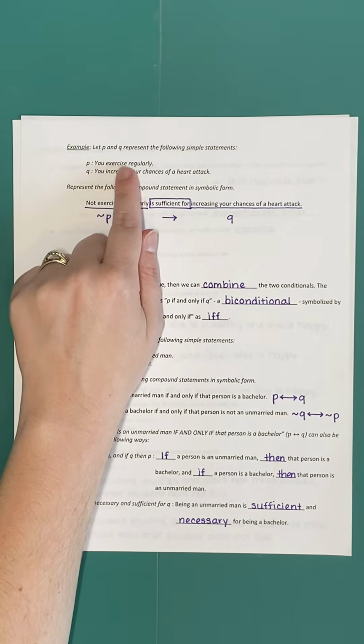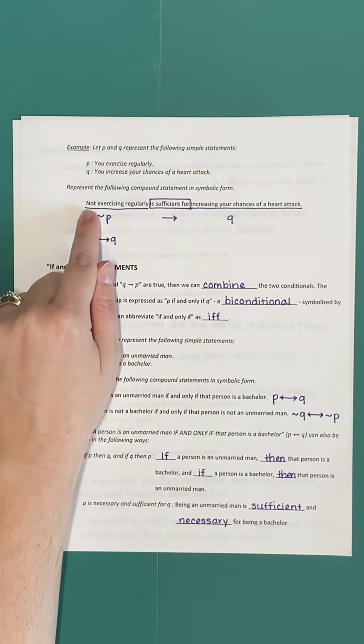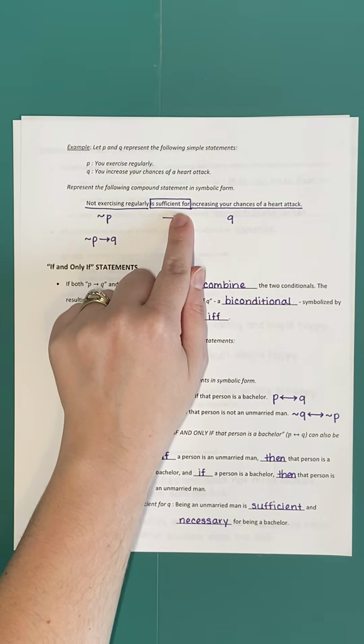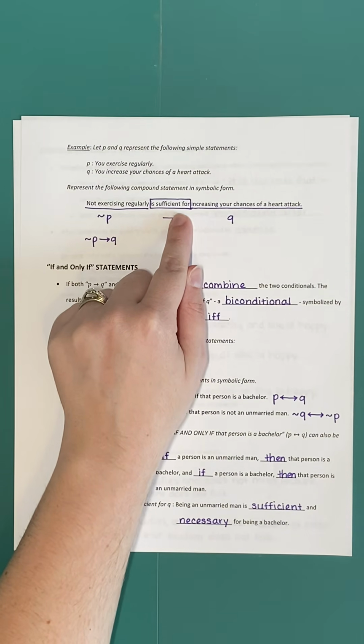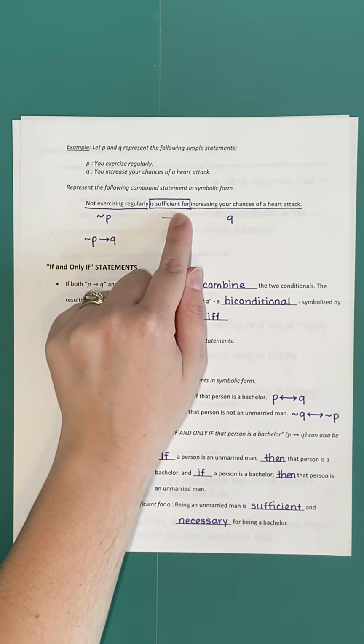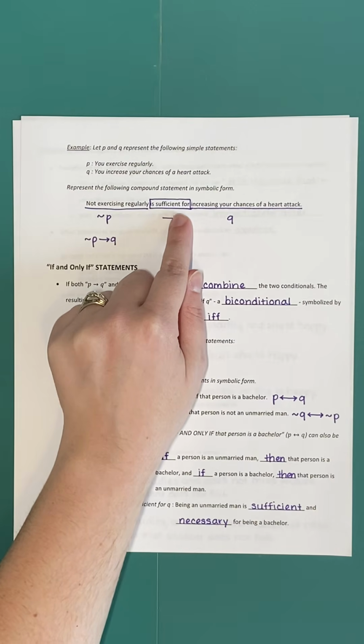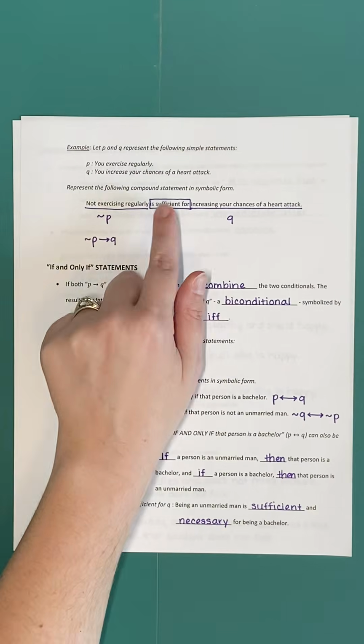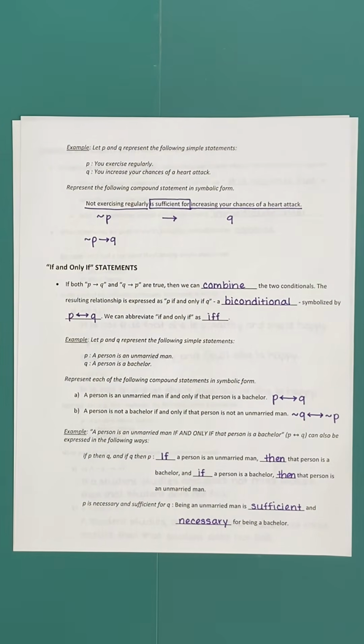So that means rather than having P, we're going to have not P. Is sufficient for, that is our connective. Remember, that is one version of a substitute for if-then, for our conditional. So I'm going to box that in. You can circle it, you can box it, do something to indicate that that is somehow separate from your statements.